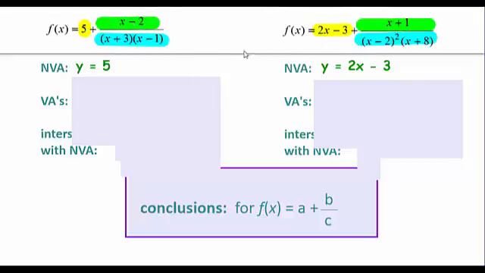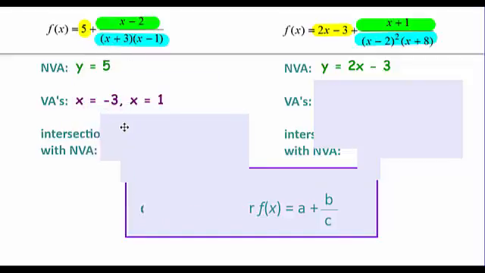The original denominator told us about the vertical asymptotes. Those are our non-removable discontinuities, the fixed discontinuities, and they still tell us the same thing. So for the first example, we've got one at x equals -3 and x equals +1.